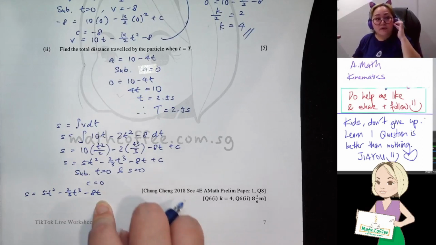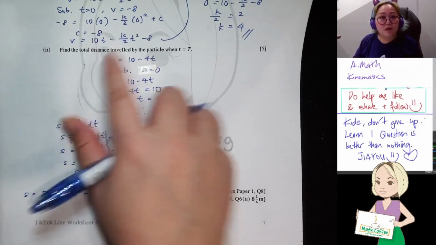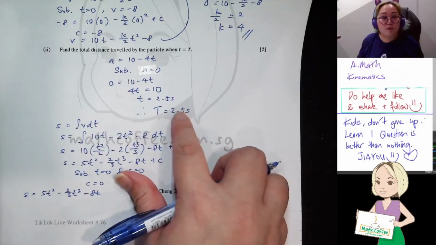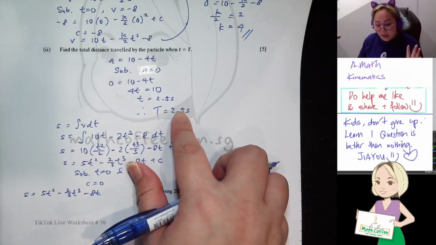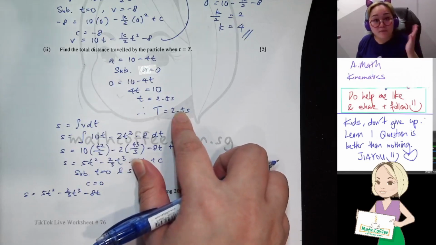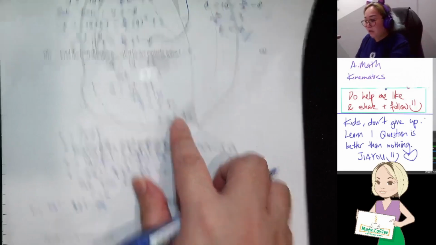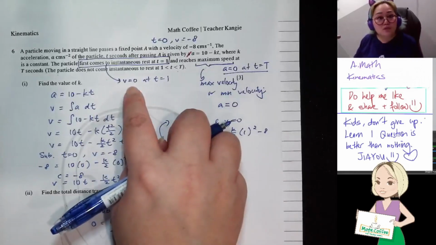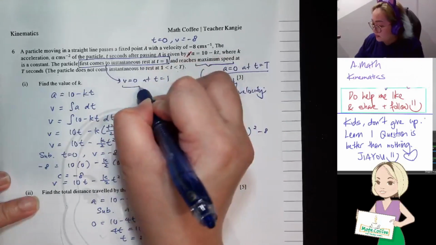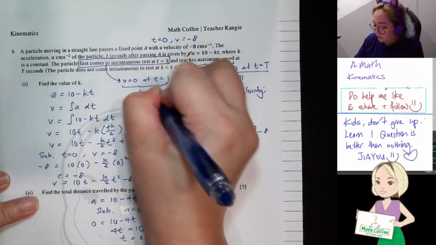Okay, they asked to find the total distance traveled when t equals 2.5 seconds. I need to know whether it involves my turning point, correct? And remember, v equals 0 at t equals 1. This is my turning point.